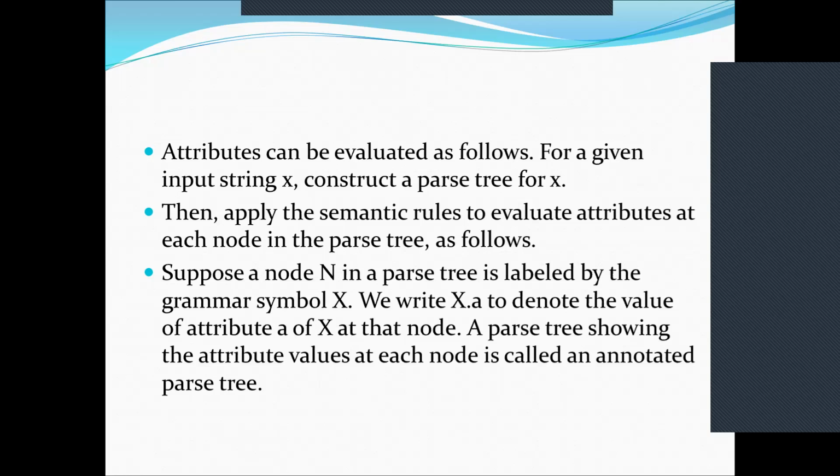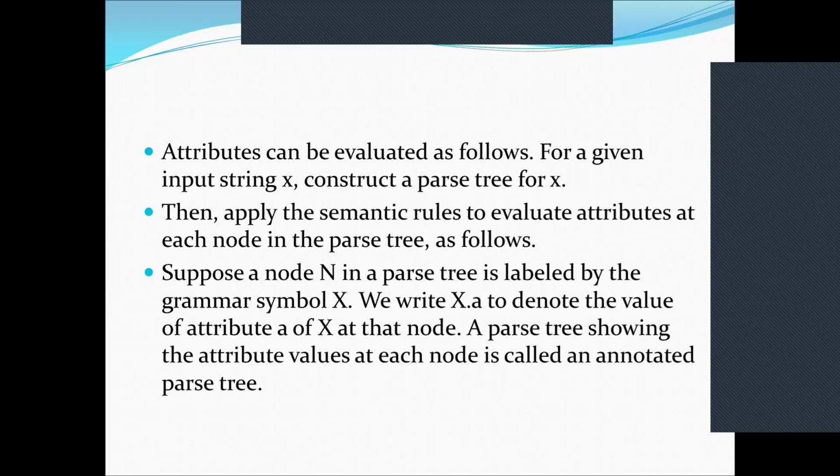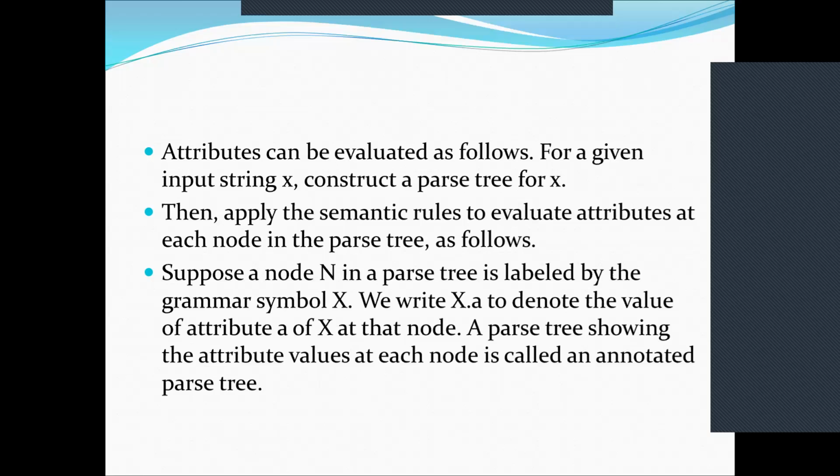How? Suppose a node n in a parse tree is labeled by the grammar symbol X. Consider any parse tree. There is a node n, and you label that node by a grammar symbol X. We write X.A to denote the value of attribute A of X at that node.